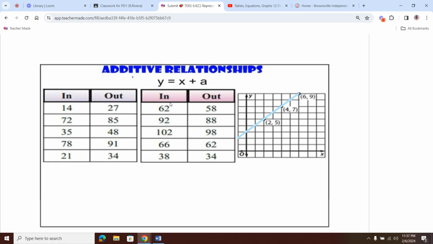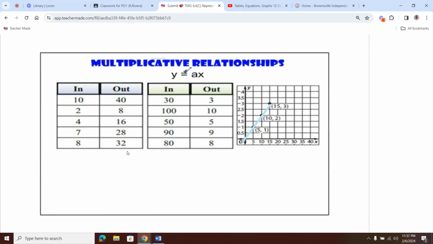So both of these are minus, which is still an additive relationship. This is add, which is still an additive relationship. And the graph always looks like this, but it will not go through the origin. Multiplicative is going to be times, times, times, or divide by, divide by, divide by.